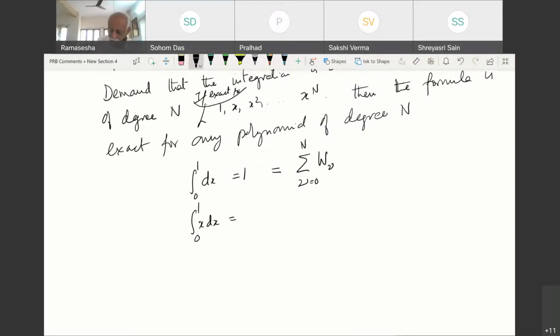Half. That equals the sum over nu from 0 to n of w_nu f(x_nu), where f(x_nu) is nu by n because f of x is equal to x.